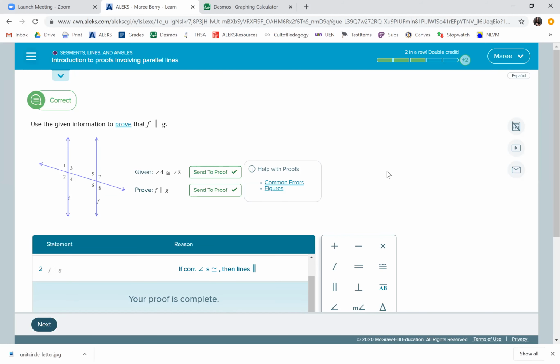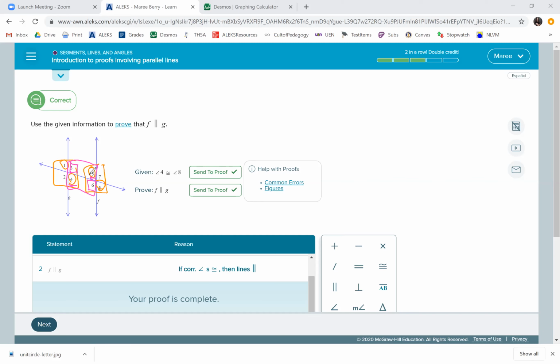So it's just placement. That's why 4 and 8, in the bottom right, are corresponding. For alternate interior, you just look at the interior 4, and they're alternating by the side of the transversal. So 4 and 5 will be alternate interior, and 3 and 6.